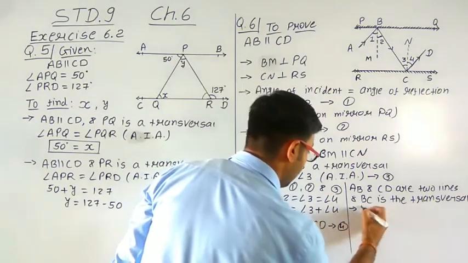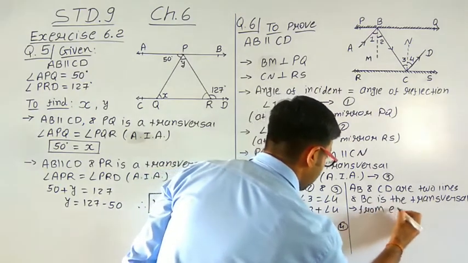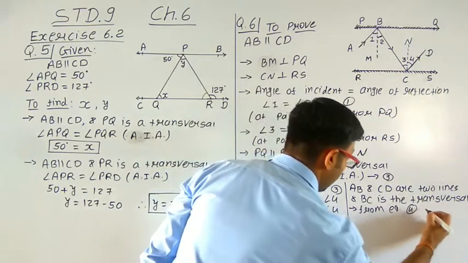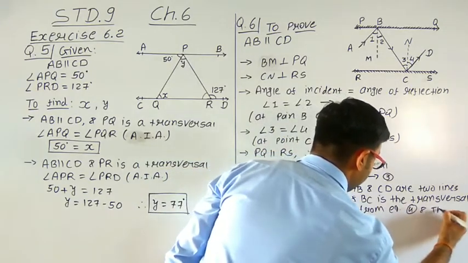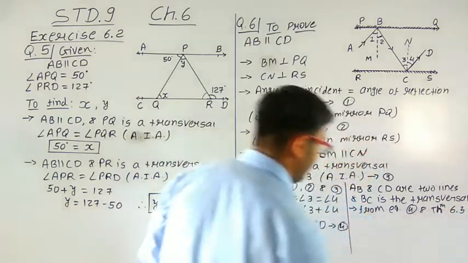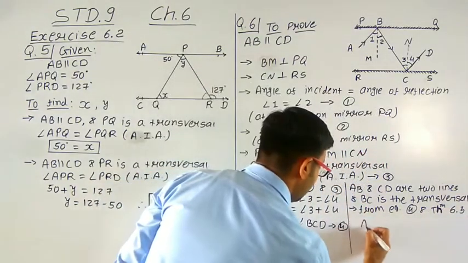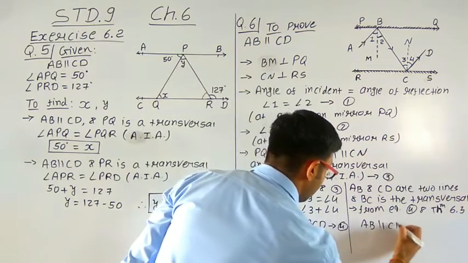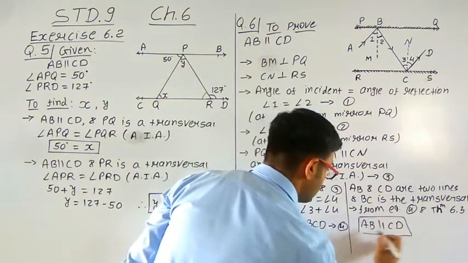From equation 4 and theorem 6.3, we can write that AB is parallel to CD.